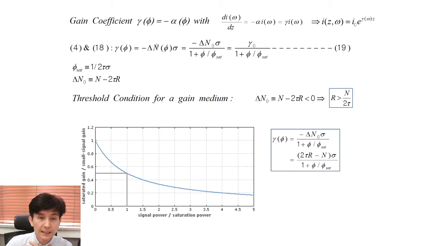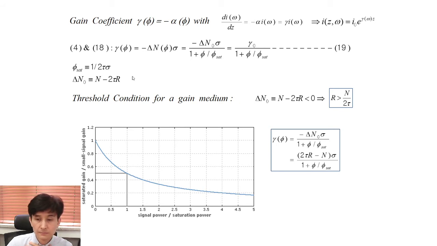And delta n is given with this delta n naught over 1 plus phi over phi sat. If we define this as gamma 0, then this is gamma 0 over 1 plus phi over phi sat. Here the phi sat and delta n naught are defined with the numbers we already discussed.